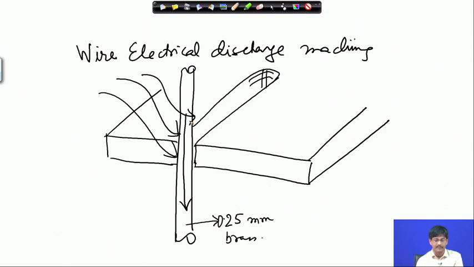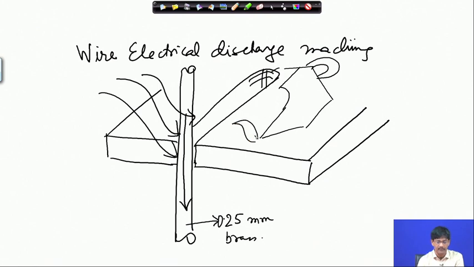The moment the wire comes close, sparks will fly, and if I make the wire move along a definite path, accordingly material will be cut, and two-dimensional CNC controlled cuts can be taken very conveniently. So, you can move along any path that you want.